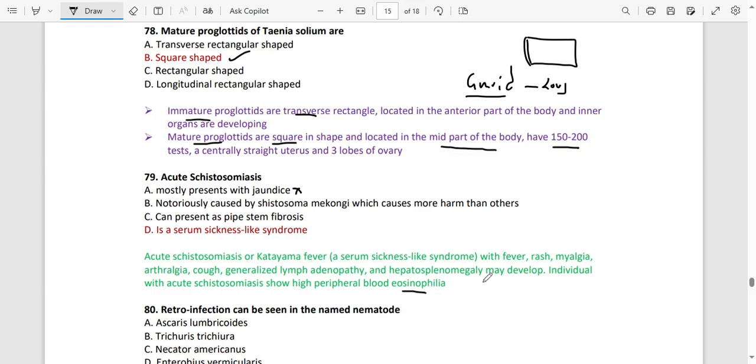We can say there is no jaundice there. Of course, there is hepatosplenomegaly. When these organs become big, there will be breaking of the red blood cells, but not most. Notoriously caused by Schistosoma mekongi, which causes more harm than others, can present as pipe stem fibrosis. It is a serum sickness-like symptom. Like we can tell, right? That's most just direct from the notes.